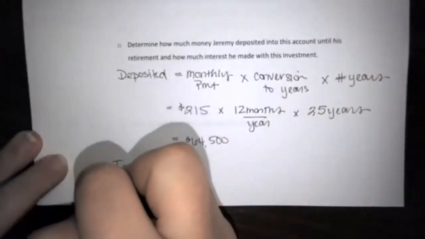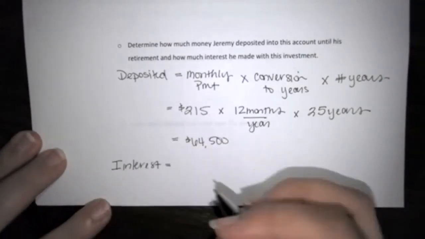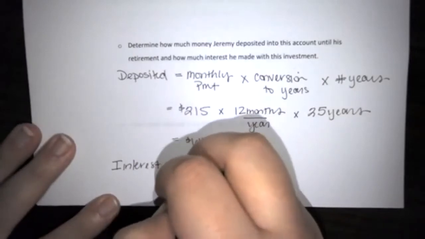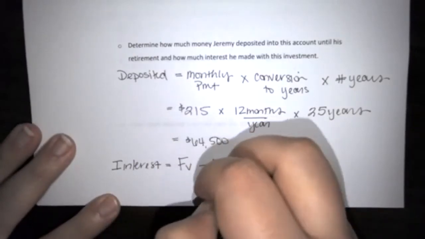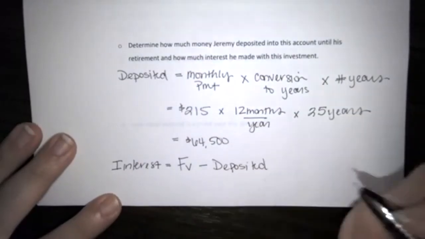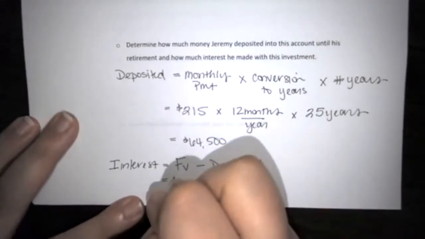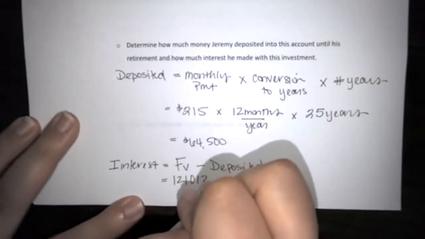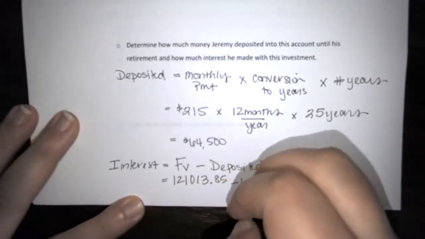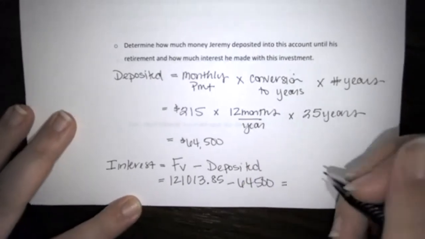Now, to find your interest, this is going to be your future value minus your deposited amount. So here my future value was $121,013.85. I'm going to subtract out my $64,500 because that's what I paid in.